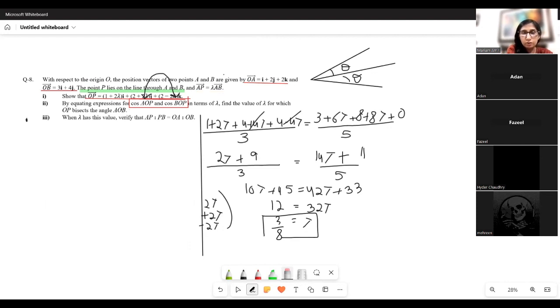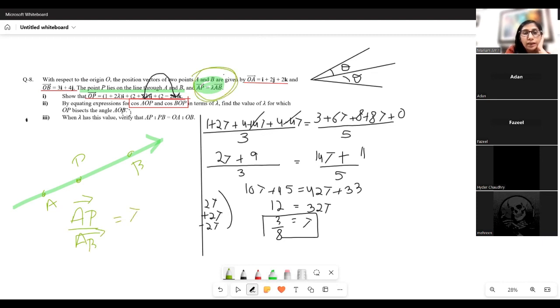So remember the equation I made in the start, the figure I made in the start. I'm going to redraw that. It says AP is equal to lambda times AB. So I said that there's a vector and there's A and B on it somewhere, and there's P on it somewhere. And you know that AP upon AB is equal to lambda, right?